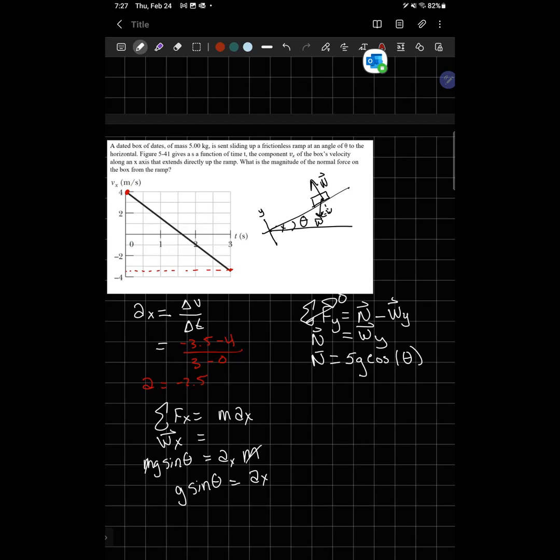Okay. So I wasn't actually able to solve for normal force until I knew theta. So looking at the x, I only have weight. I'm going to go ahead, just for simplicity, and make downwards positive.